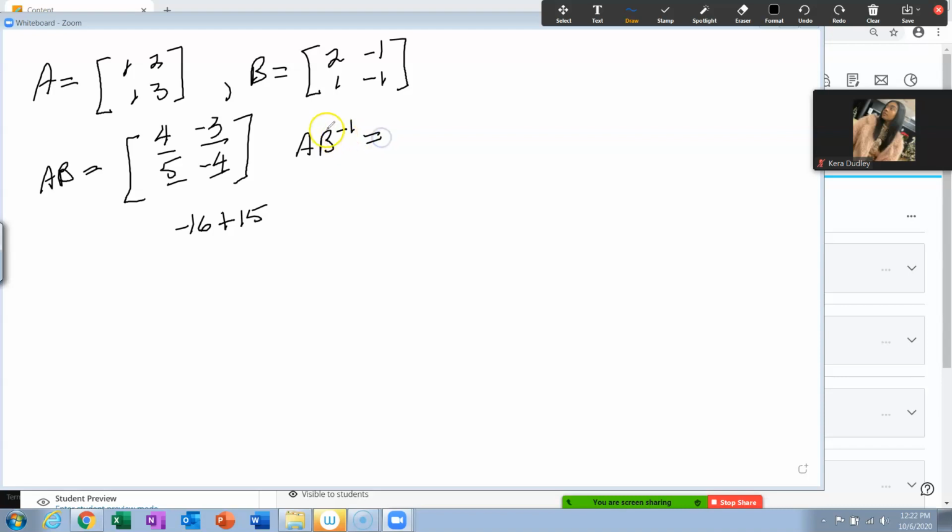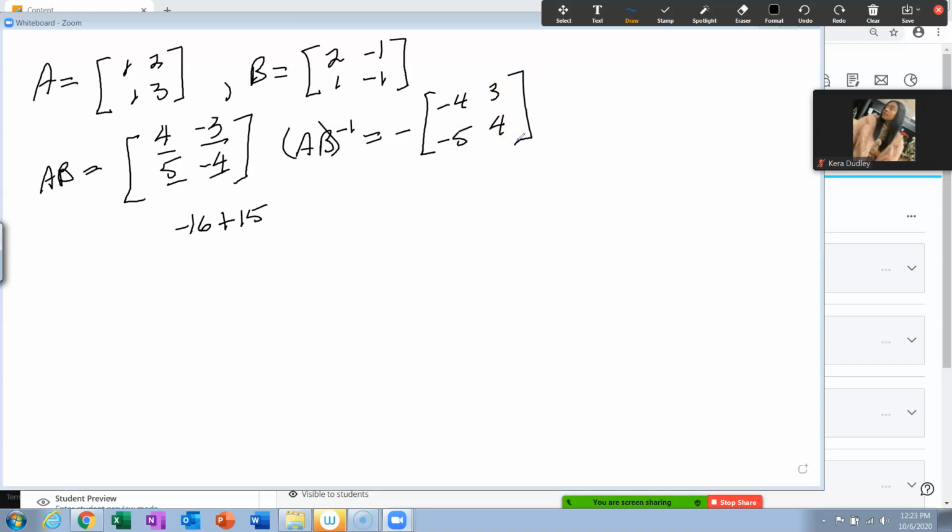So the inverse of AB, yeah, that's what they're asking for, is equal to 1 over -1, which is minus, and then we swap these two, make a -4 here and a +4 here, and then negate these two, making a 3 here and a -5 here.